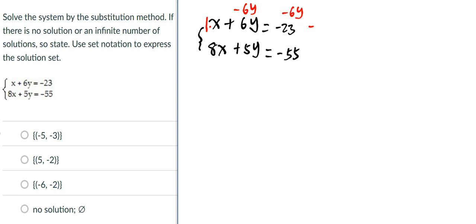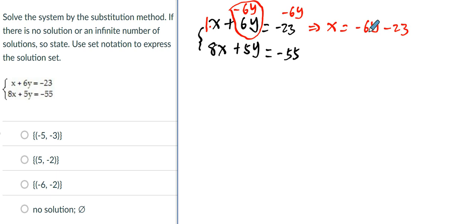So what do we get here is x equals, because positive 6y and negative 6y will be cancelled. Then what we get is -6y minus 23.